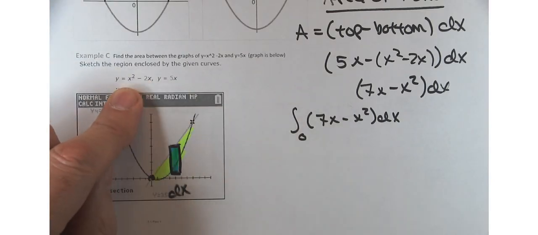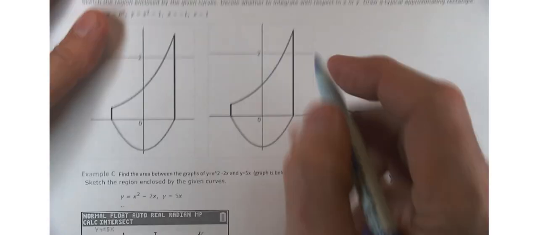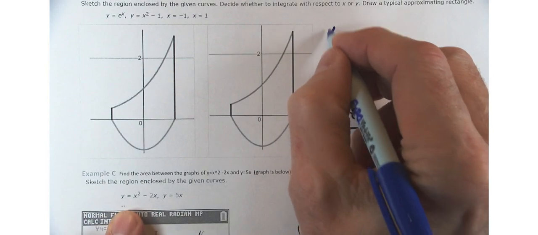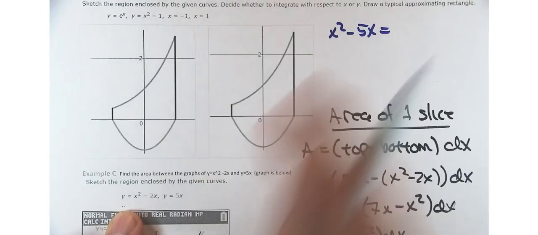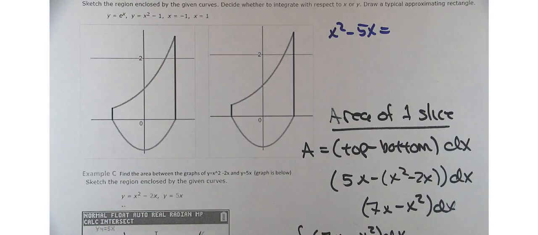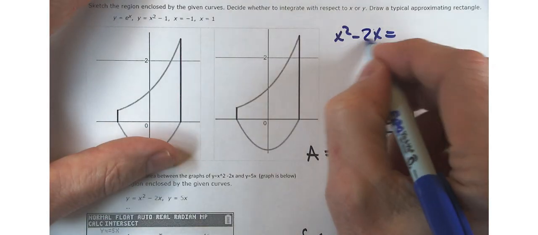So that would be like this. I want the y coordinates to be equal to each other. So I get x squared minus 2x equals 5x.